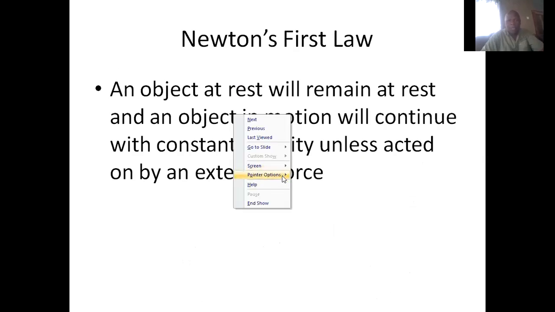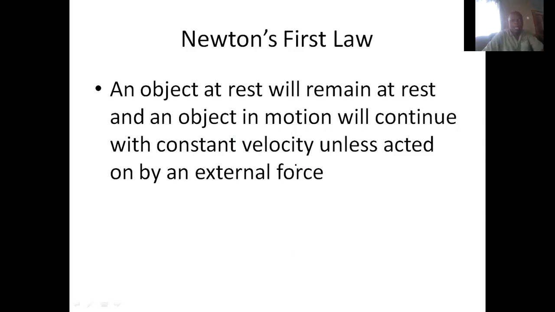And so now we go to define Newton's laws. And we start with Newton's first law. According to Newton's first law, it states that if an object is not moving, it will remain stationary, or if an object is moving, it will continue moving with constant velocity unless it is acted on by an external force.